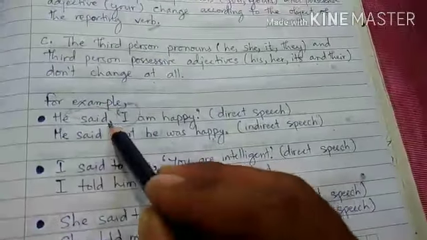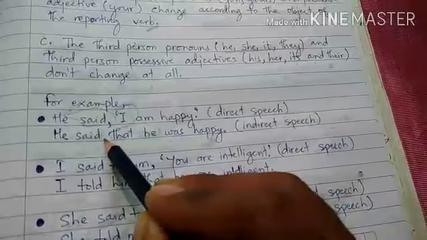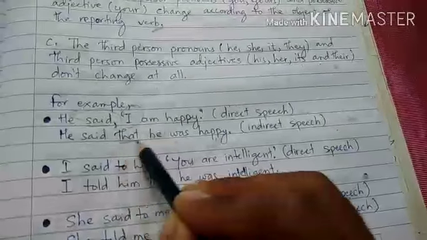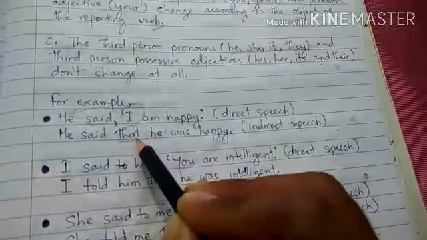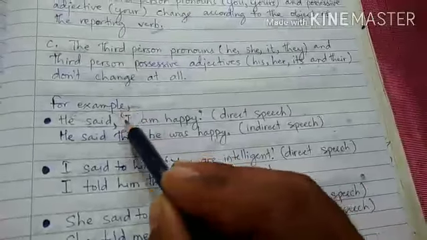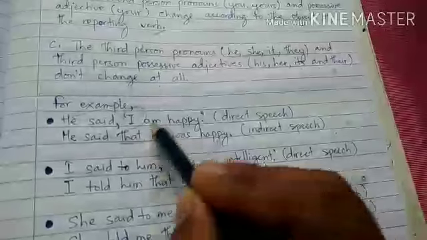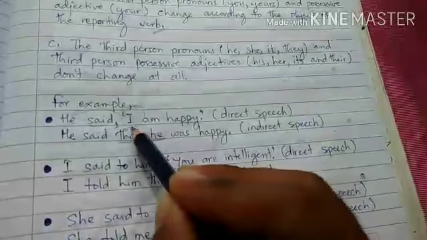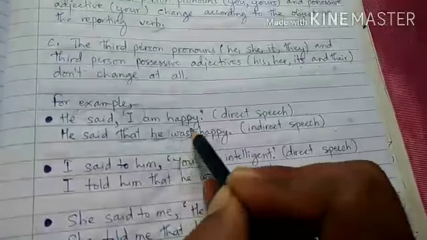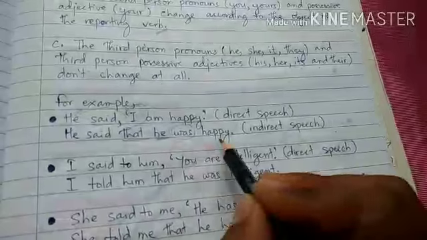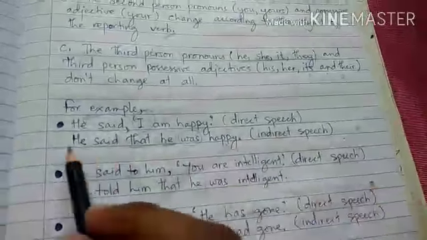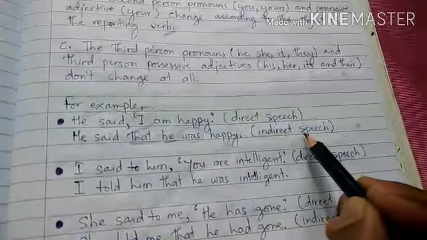So he said; after the reporting verb we have removed the comma and after that we have used the conjunction that, and after that I refers to he. So he. Am, this I am happy, is in simple present tense. So was, he was happy, simple past tense, indirect speech. He said that he was happy, indirect speech.